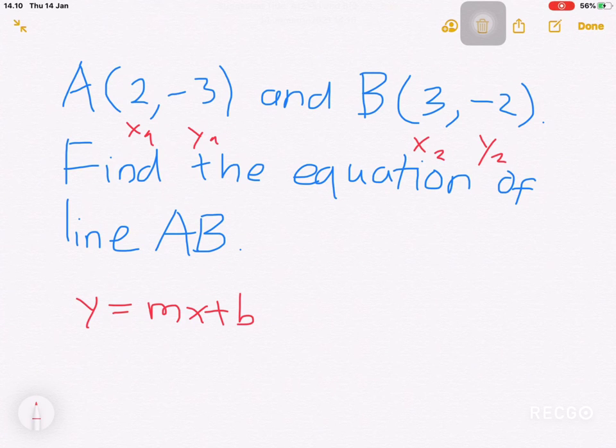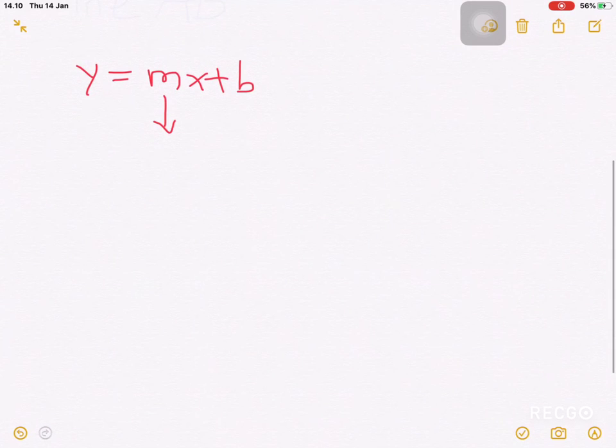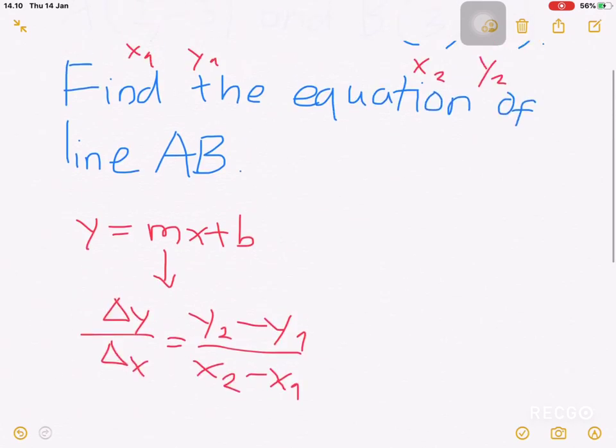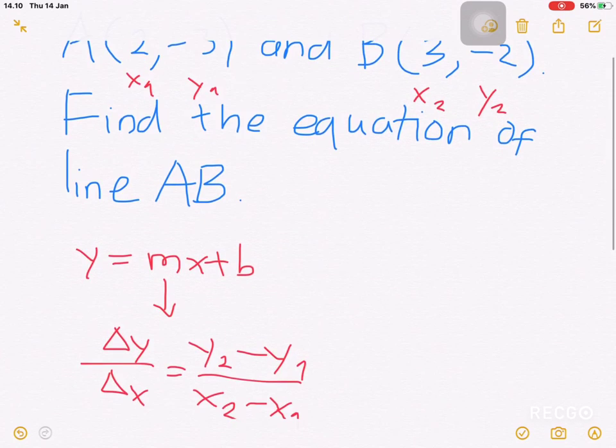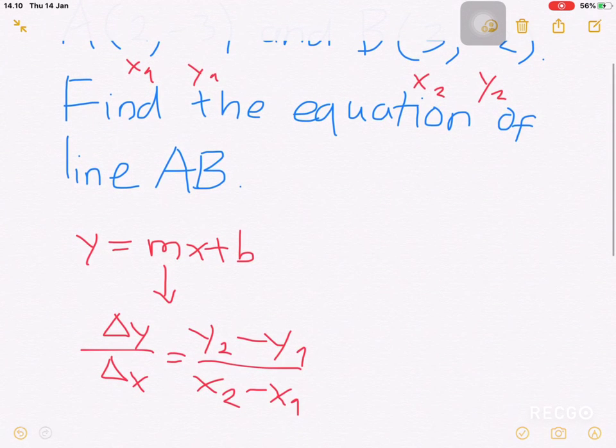Okay, so we know our m should be, I'll lower the board down a bit. We have our x2, which is -2. I'll just keep that right there.